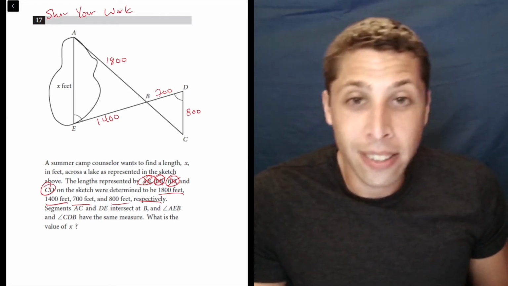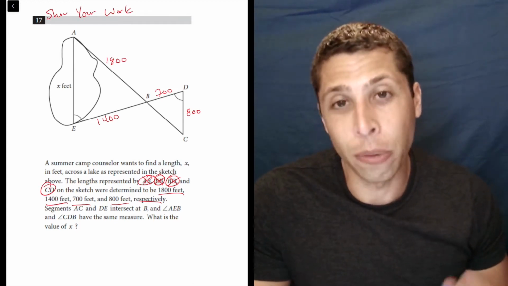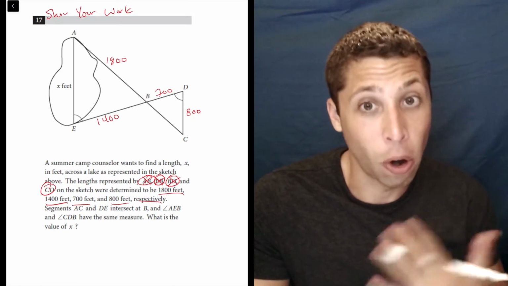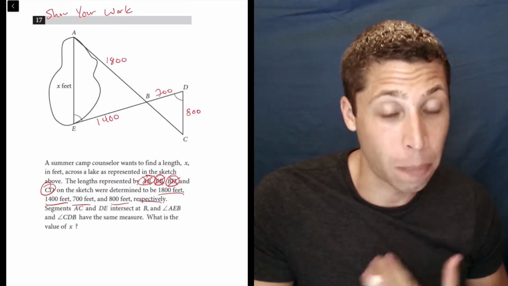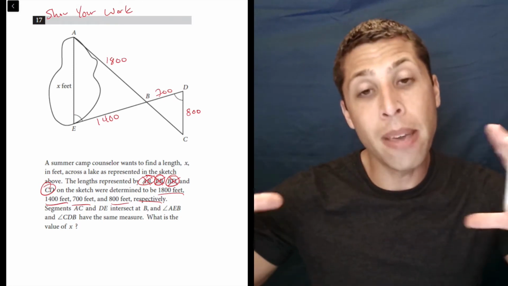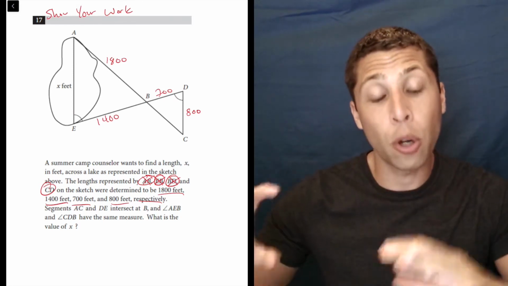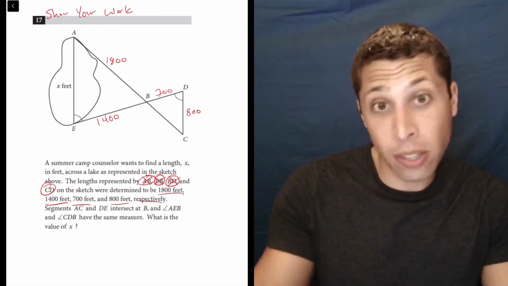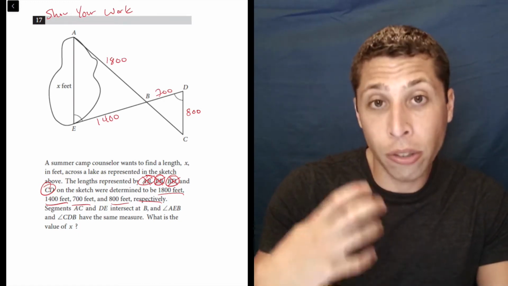So the reason this is so important is the SAT is actually doing something here that they don't normally do. They're giving us an extra piece of information. They're hoping that we set this proportion up incorrectly. So what we want to do is notice the two triangles and make sure that we're matching up corresponding sides. And so even though they're different sizes, these triangles are similar.